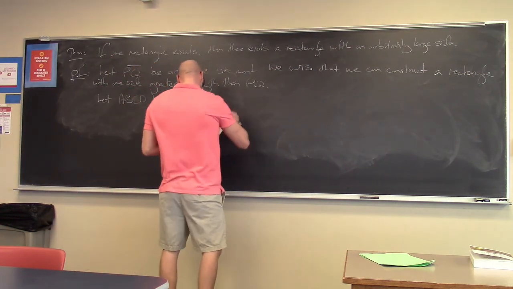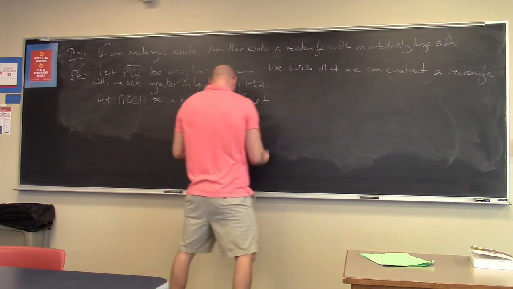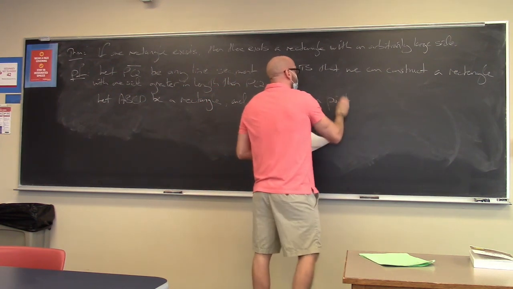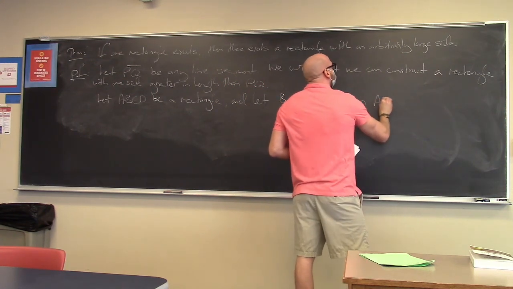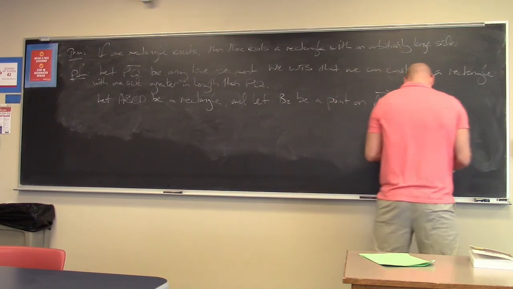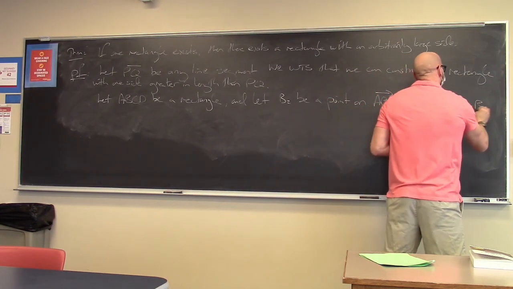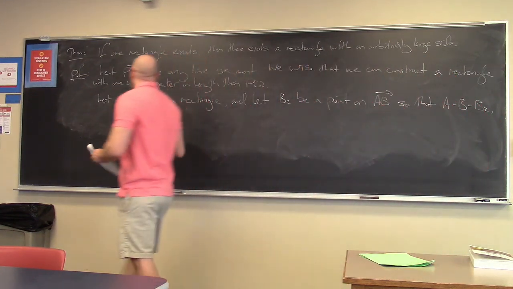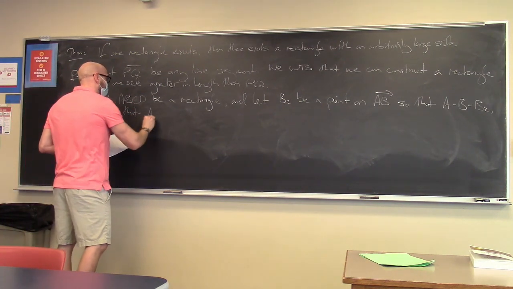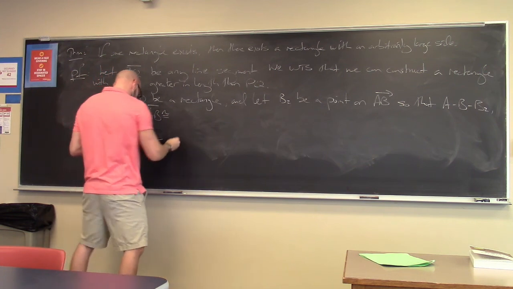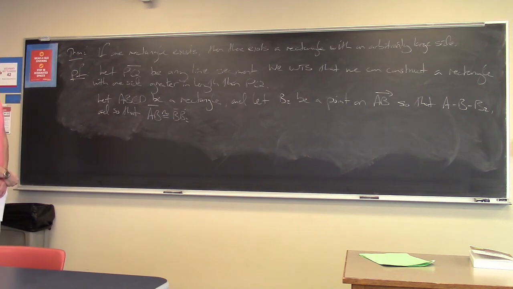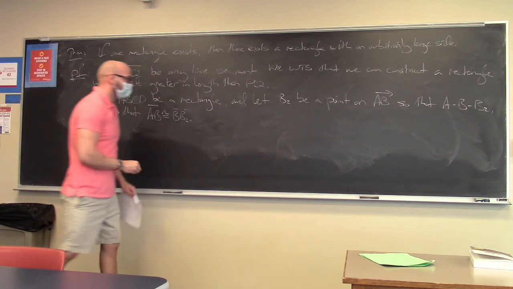So let ABCD be a rectangle, and let B2 be a point on the extended ray AB, so that A, then B, then B2, and so that AB is congruent to BB2. I'll draw a picture, but let me just finish writing all the details here.